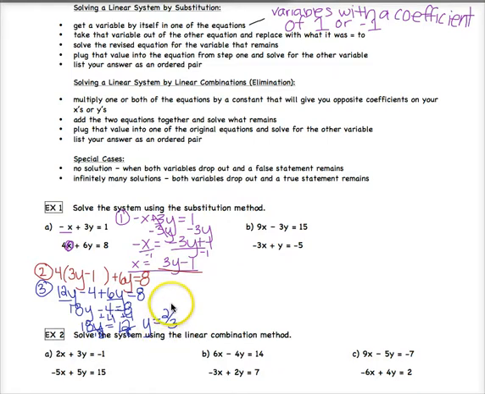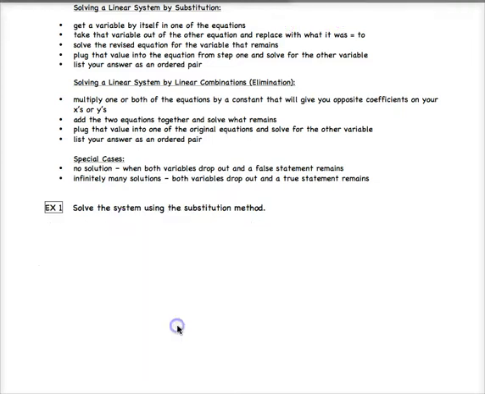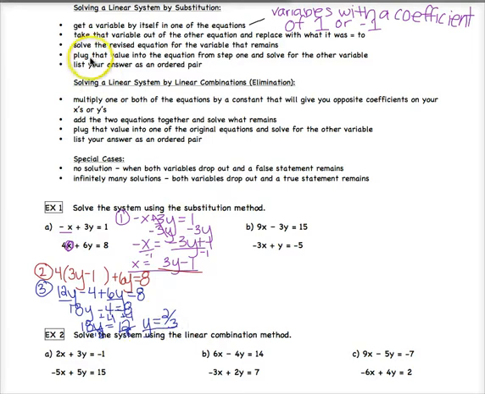I know what y is. So that's good. Step 4 says plug that value into the equation from step 1. So at the end of step 1, I had this equation where x was by itself. Now I'm going to use that in step 4, and I'm going to plug that in for y.